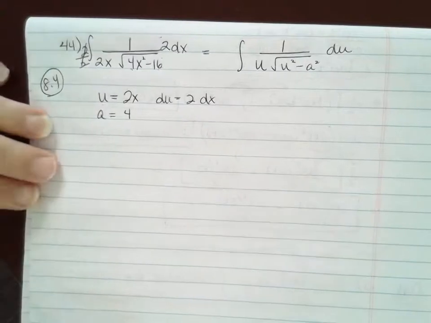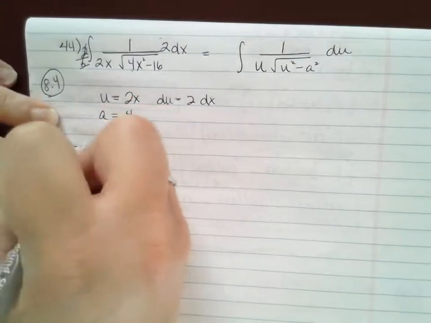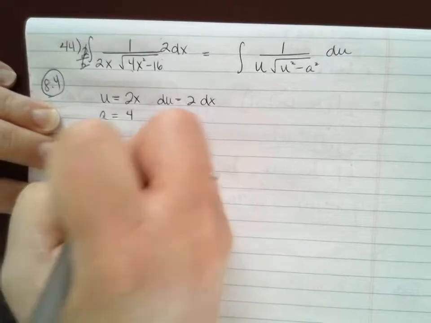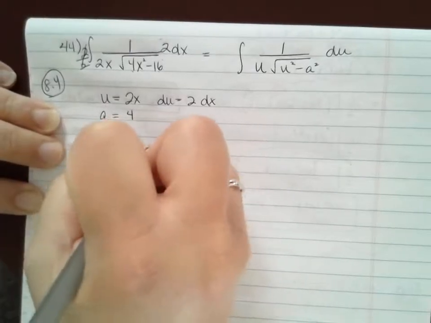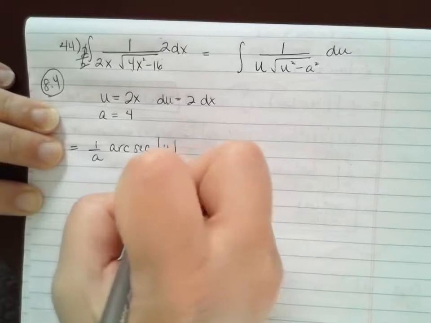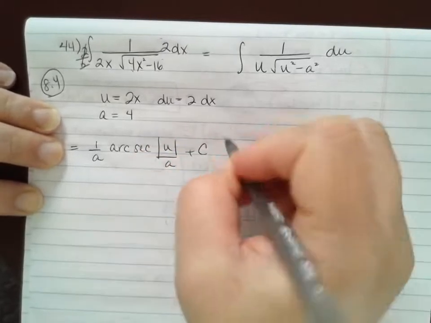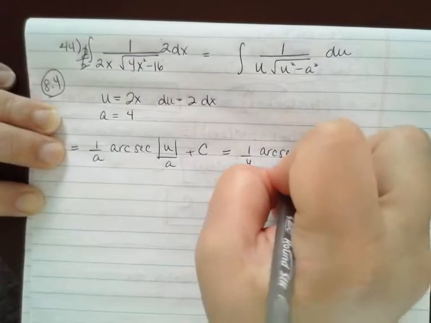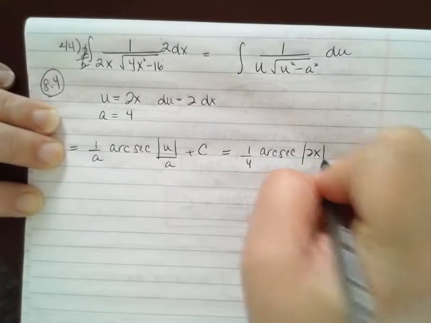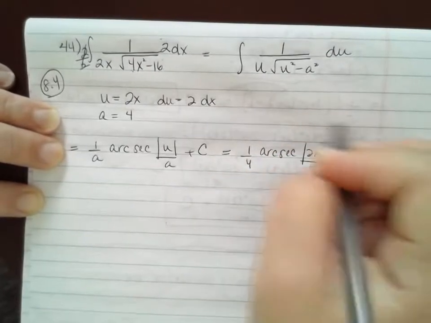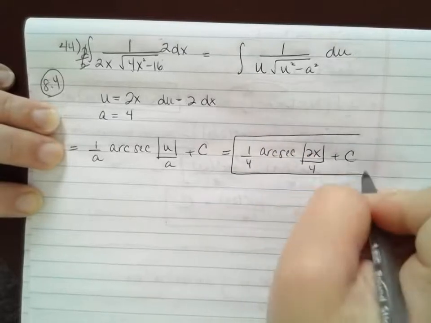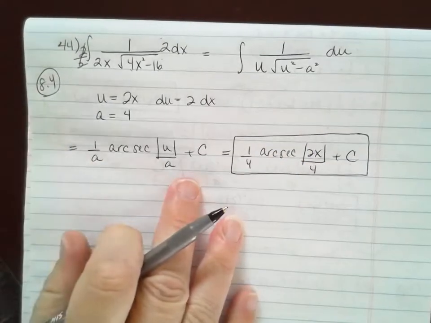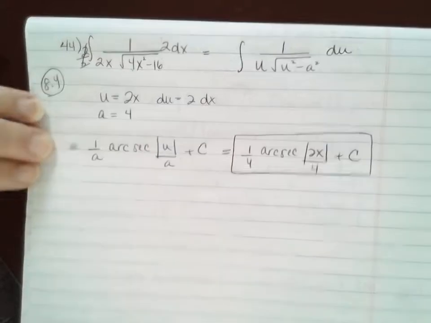So again, this is an inverse trig, which leads us to 1 over a arc secant of the absolute value of u over a plus c, which is 1/4 arc secant of the absolute value of 2x over 4 plus c. Now, what's nice about that is that we can check to see if we have the right answer from this trig sub.